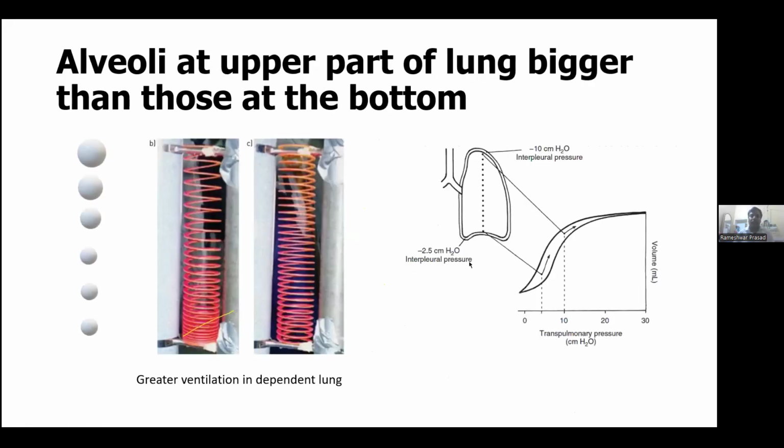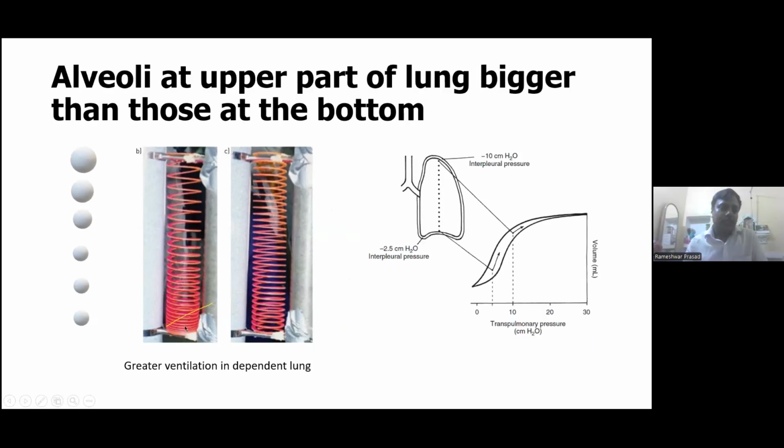Now, what is happening to the lung tissues? This is a model. Suppose you imagine lung tissue here in place of this spring. The spring is kept vertical.